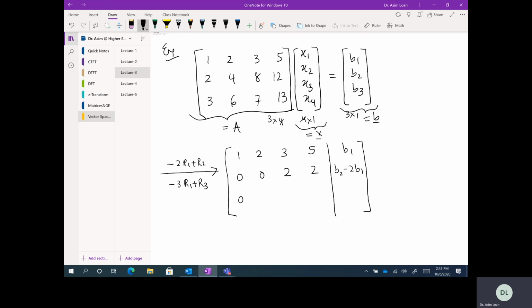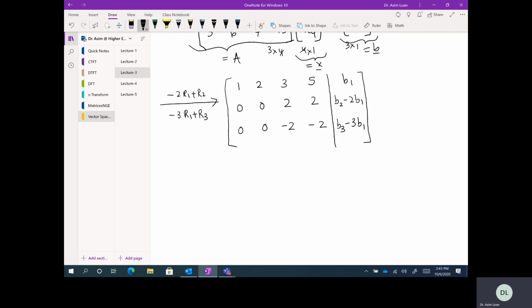Minus 3 plus 3 is 0, minus 6 plus 6 is 0, minus 9 plus 7 is minus 2, minus 15 plus 13 is minus 2 again, and I have b3 minus 3b1.